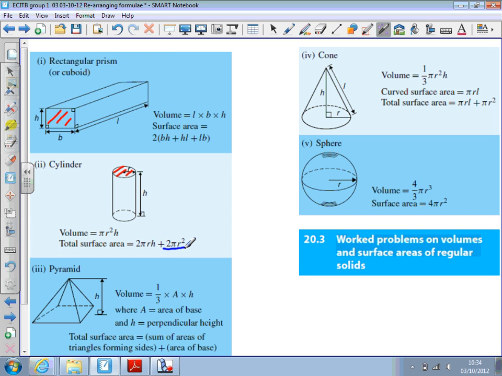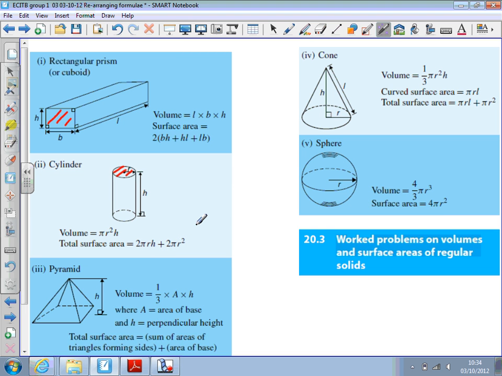Yeah, the circle, which is the two ends, isn't it? So why 2 pi r squared? Because we've got the two ends. So if you've not got the two ends, you don't include that part of the formula. You only include that bit. So this bit must be the side of the cylinder. How is that arrived at?